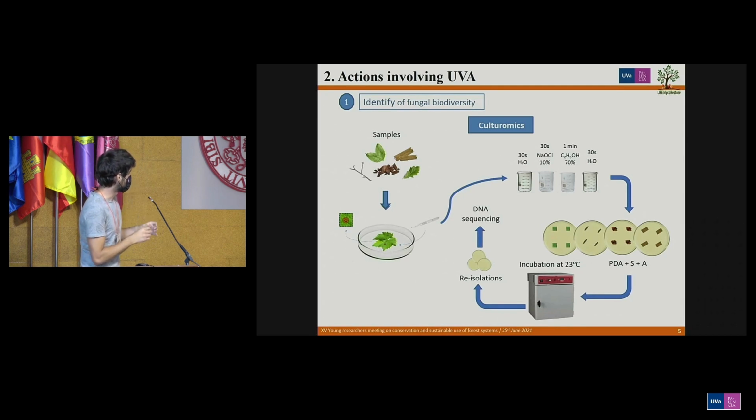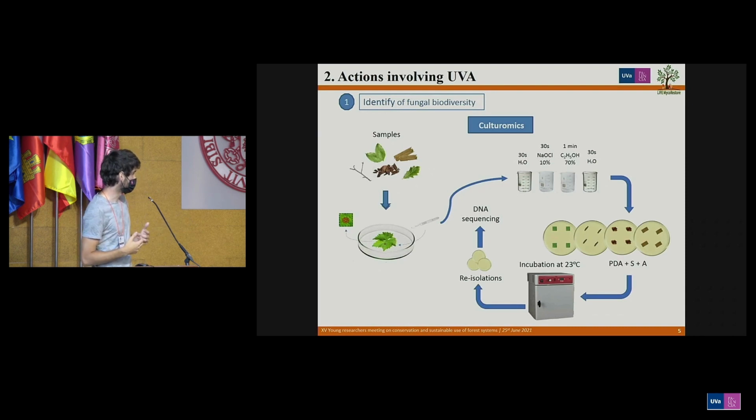And we take the samples that we collect in the sampling, branches, leaves, bark, and wood, and we take little pieces. We sterilize the surface of these pieces with alcohol and bleach, and we put them in plates with PDA, streptomycin, and ampicillin, that are 2 antibiotics that avoid the growing of bacteria.